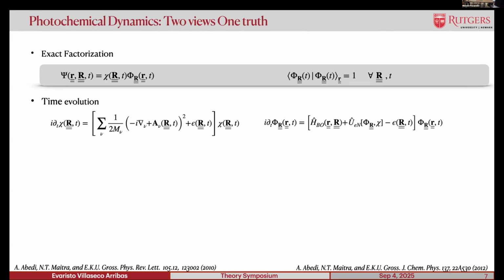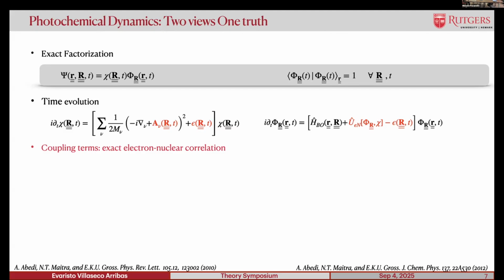So this equation might look familiar to you because it's a Schrodinger-like equation with a scalar and a vector potential. Now, the time evolution for the electronic subsystem has an uglier shape. But now I just want to point out that the terms that I'm showing in red are terms that capture the exact electronuclear correlation.